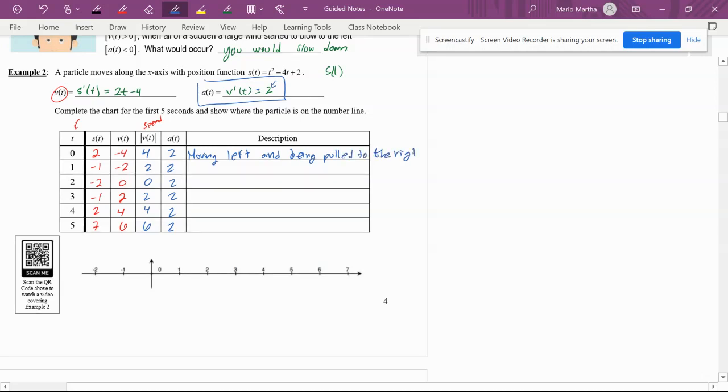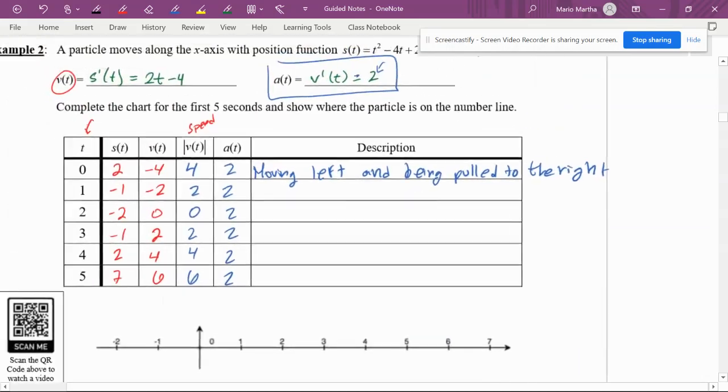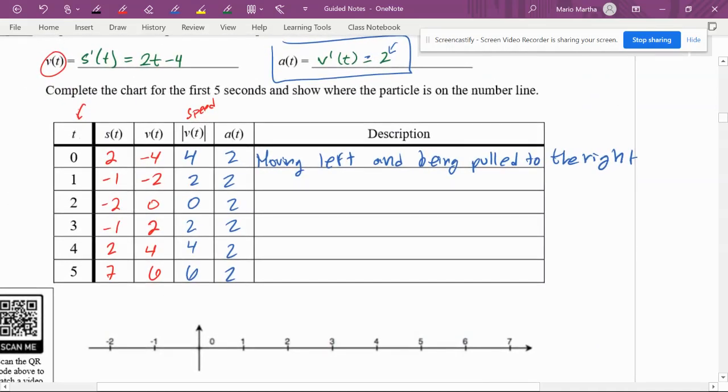And then for the next one, we got negative velocity and positive acceleration. So same thing, the particle is moving left and being pulled to the right. And then the velocity is 0. So once you guys see the velocity 0, it doesn't really matter what the acceleration is. The object is not moving, so the particle stopped.